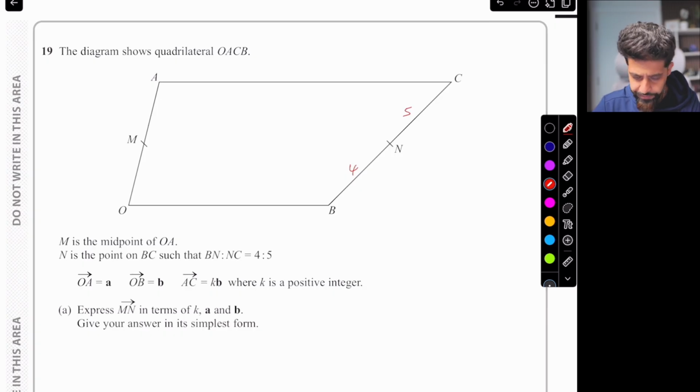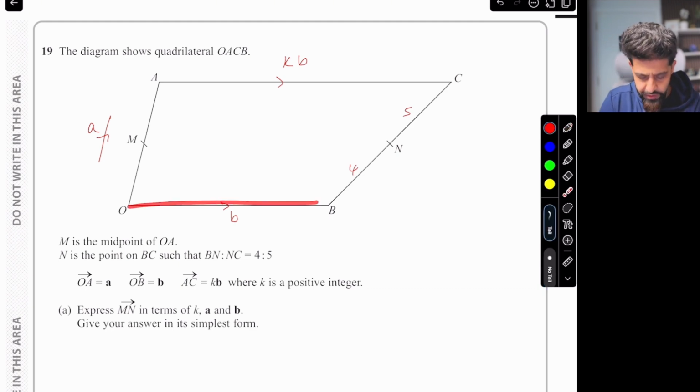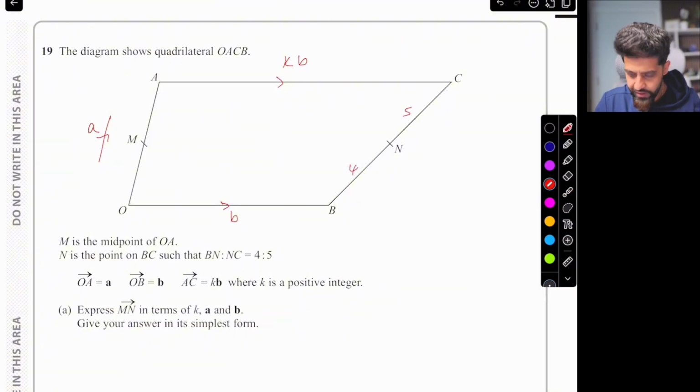O to A is equal to A. O to B here is B, and A to C is K lots of B, where K is a positive integer. Okay, so these are parallel. It's just K means it's a different magnitude to O to B. Express MN in terms of K, A, and B in its simplest form.